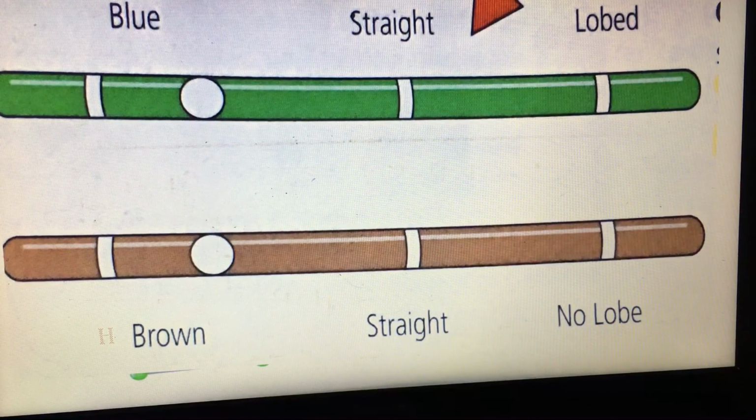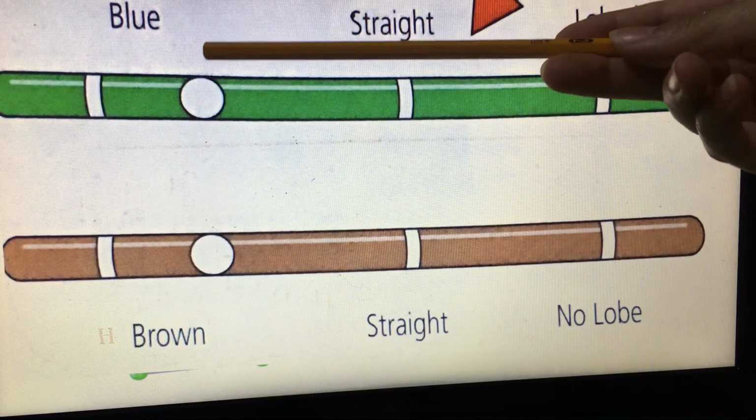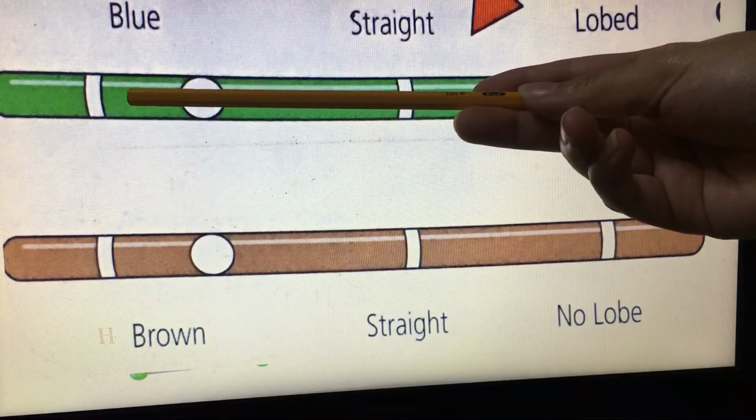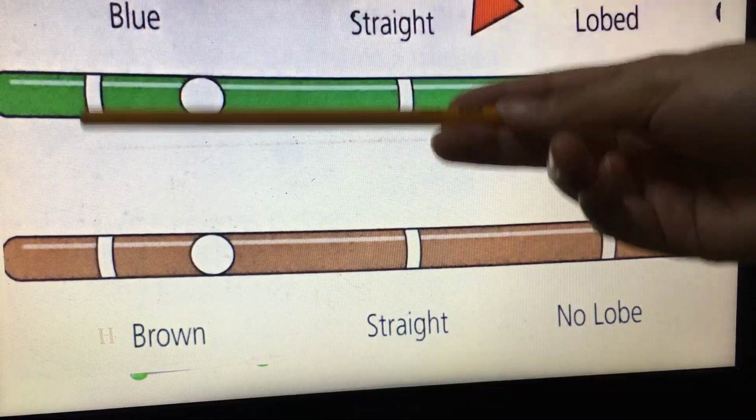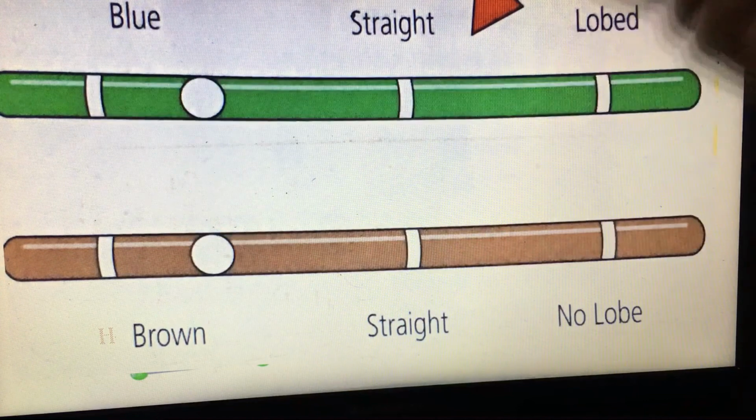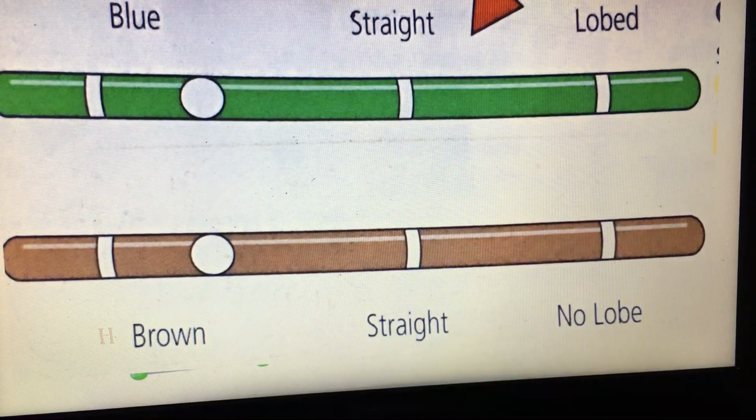For example, here the characteristic of eye color in the first chromosome is blue, and in the second chromosome is brown. So both alternative alleles, blue and brown, are present. So this cell is heterozygous for this characteristic, which is eye color here.